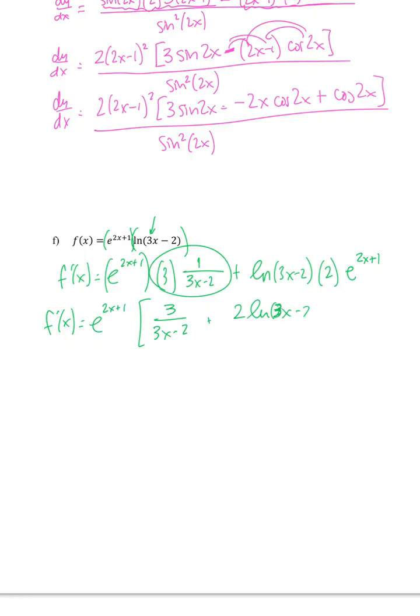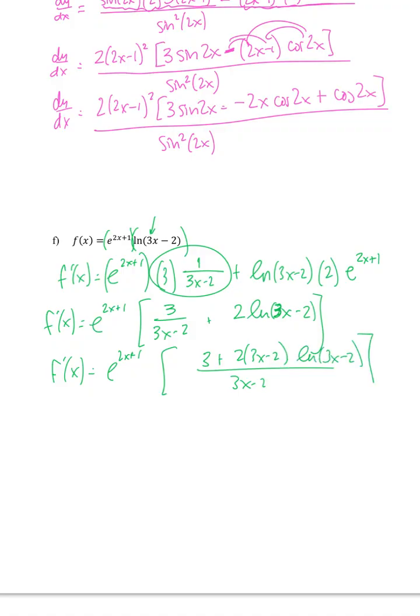It looks funky. And then I'm going to need to get a common denominator. So in here, this is going to be 3x minus 2. That's still a 3 for the first fraction. But this one is going to be 2 times 3x minus 2 times the natural log of 3x minus 2.